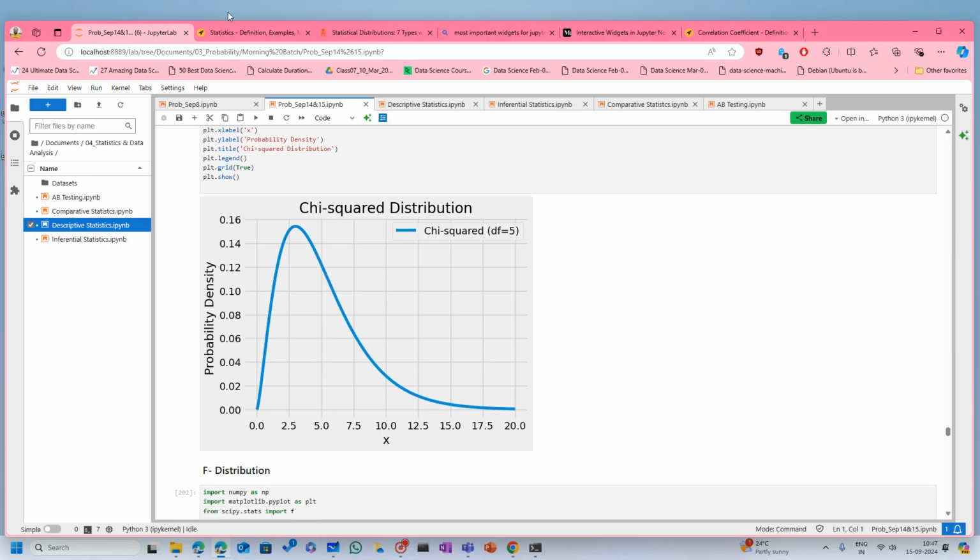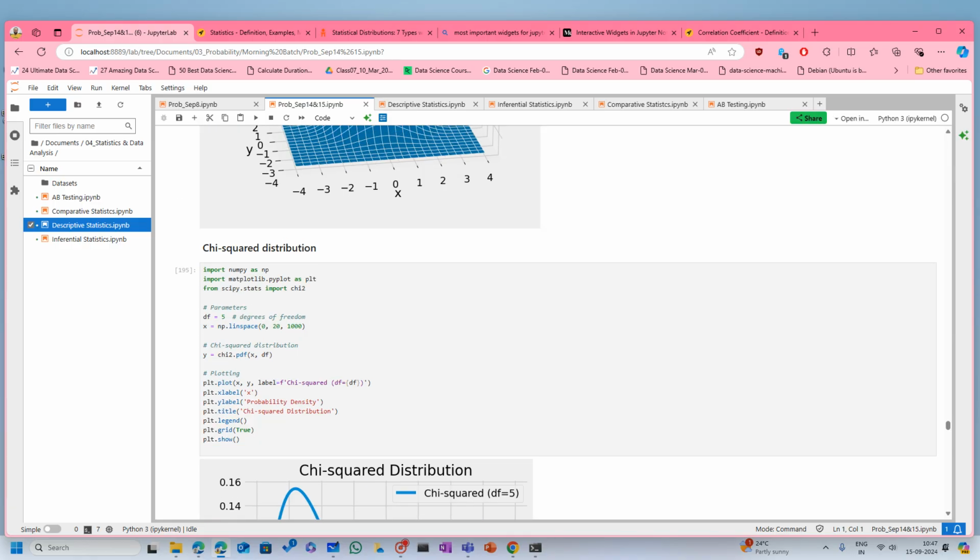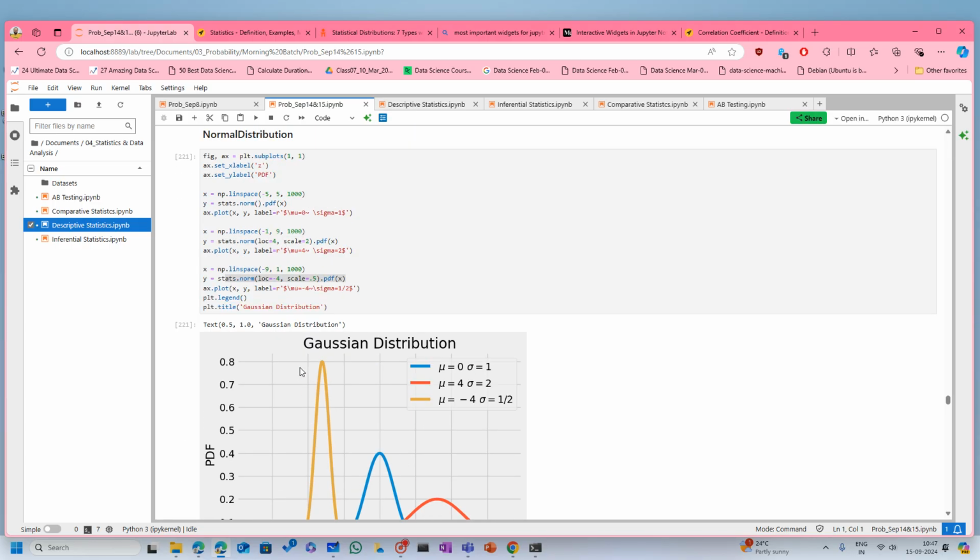You will see the skewness in the data. Just by looking at it, you should understand. It starts from here, goes up until here, then it starts to reduce. So this could be a potential chi-squared distribution. Again, there are very similar distributions, and only after running the test will you understand what exactly it is fitting to.